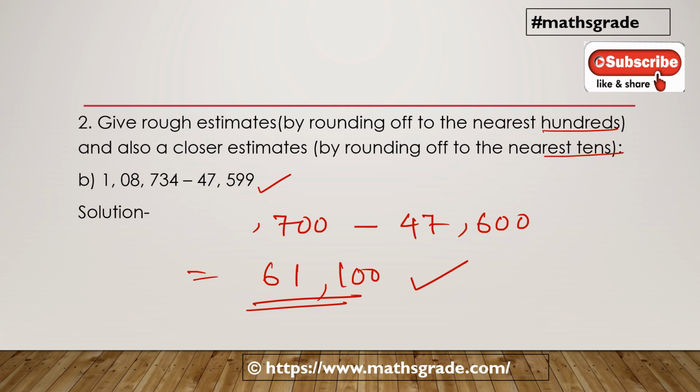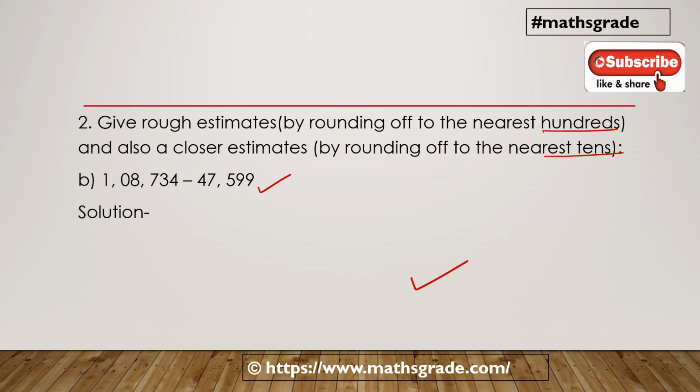Now we estimate the difference by rounding off to the nearest 10. So 1,08,734 rounded off to the nearest 10. First we just look at the unit place digit. Here the unit place digit is 4, and 4 is less than 5. So we don't add 1 to the tens place digit, and write down 3 as it is and 0 in the unit place digit, that is 4 changes to 0.